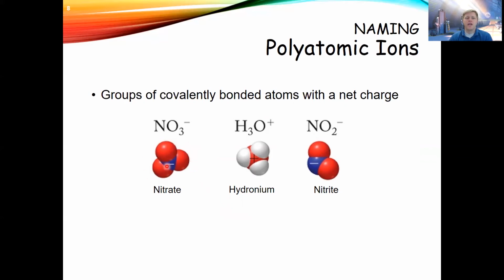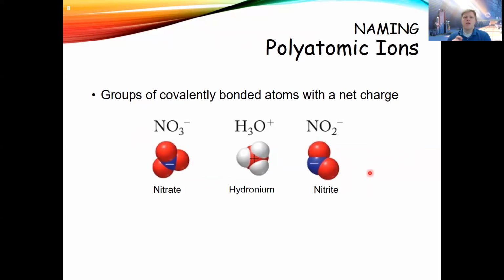So for example, in nitrate here, you have nitrogen in the middle, covalently bound to 3 oxygens. And so this would be NO3-, also known as nitrate. In hydronium, you have an oxygen covalently bound to 3 hydrogens. And in NO2, you have nitrogen covalently bound to 2 oxygens.